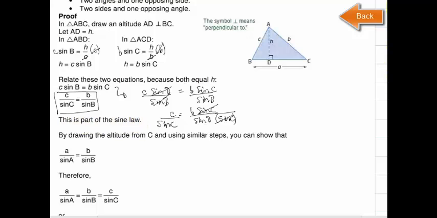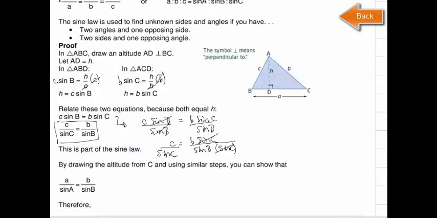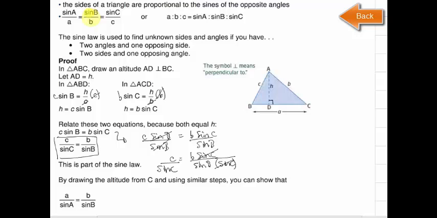Okay, so if you go back up here, it's actually this part of the sine law. It's just that it's flipped, but they still are equivalent to each other.